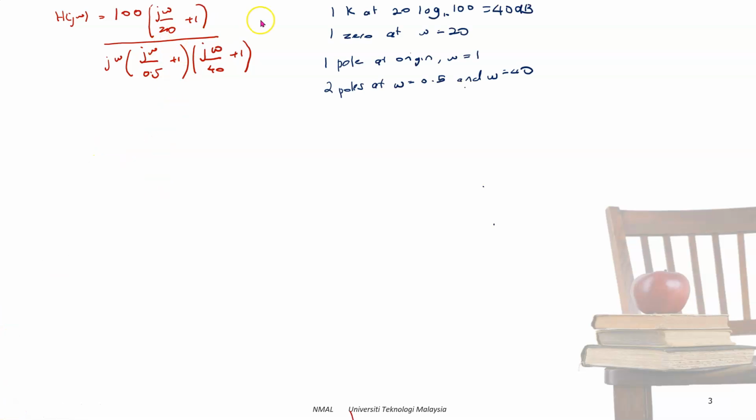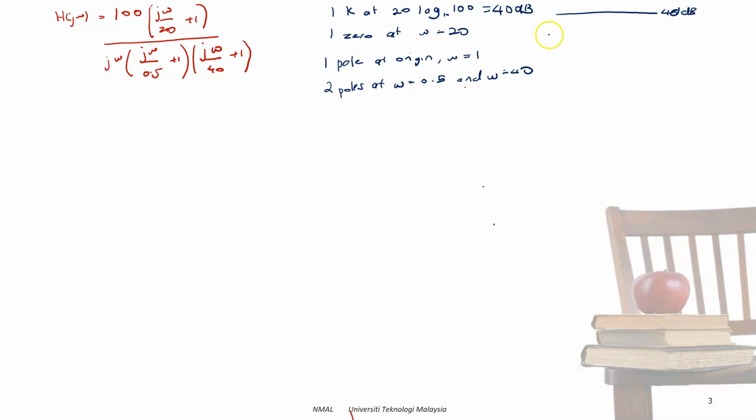Okay. We can identify one constant K at 20 log 100. Okay, the calculation in decibel, in log, so it should be 20 log 100, so 40 dB. Okay, so there will be straight line which is 40 dB to show that there is a constant on the Bode plot, and 0 at omega equal to 20.